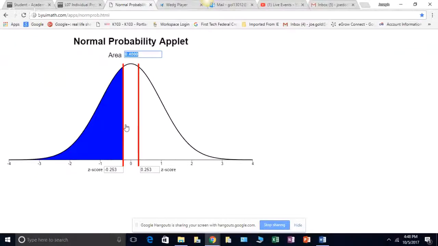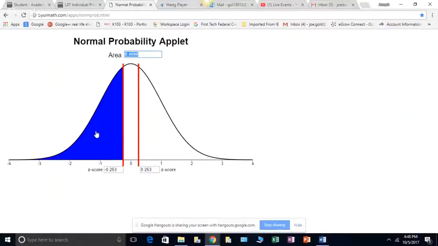And you have to work backwards, so you already know the score. So for the 40th percentile, it's going to be a negative z-score. And then you have to take the X minus 10, which is over.